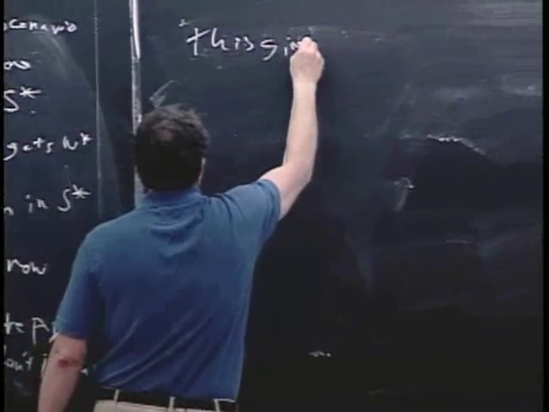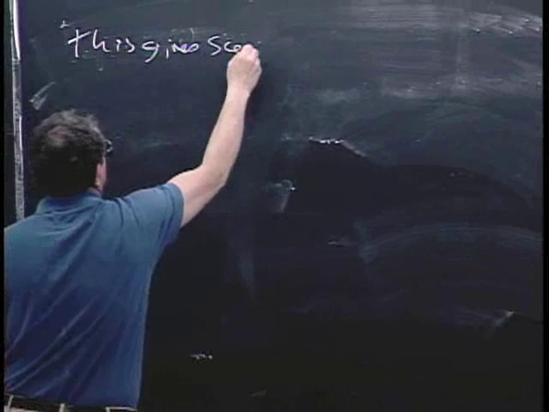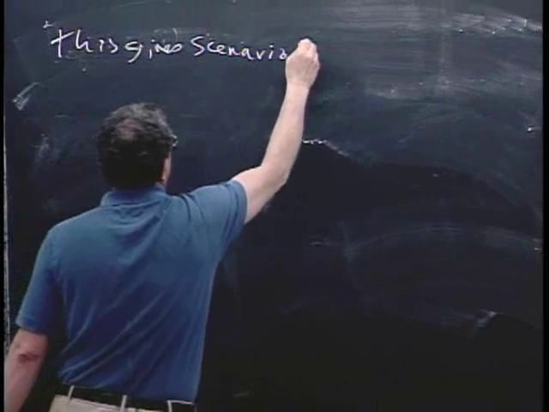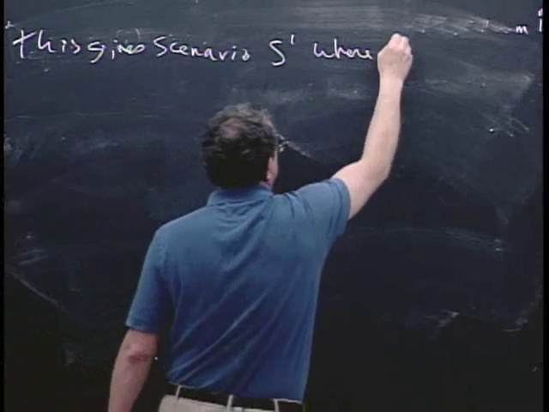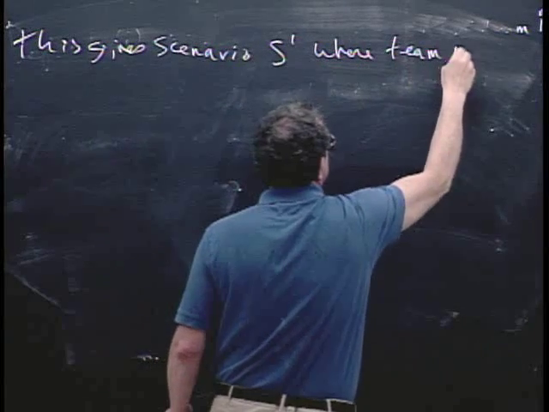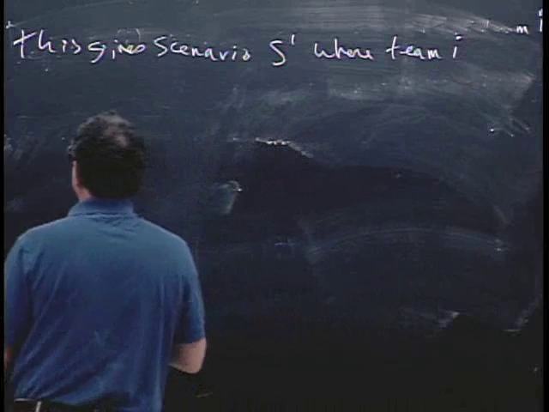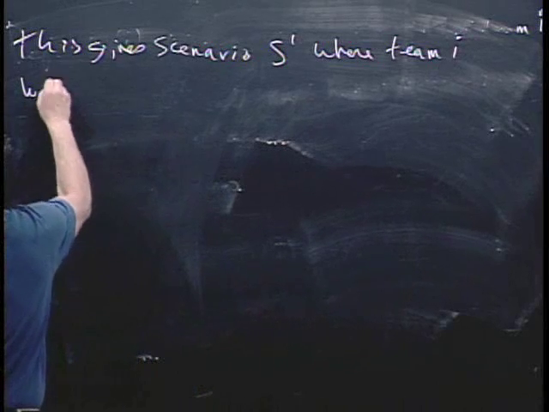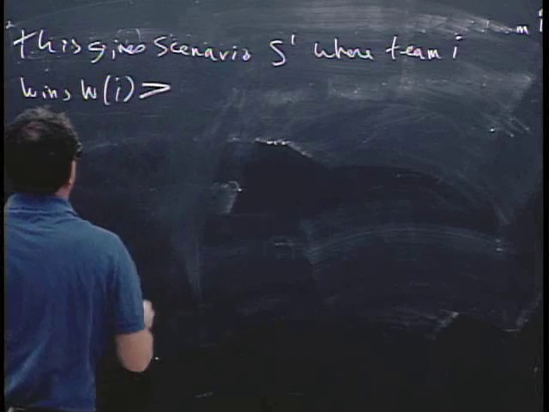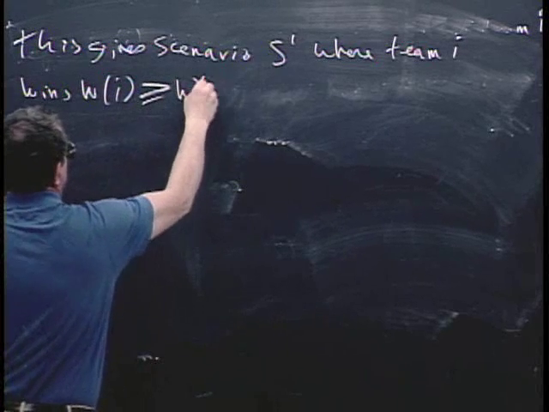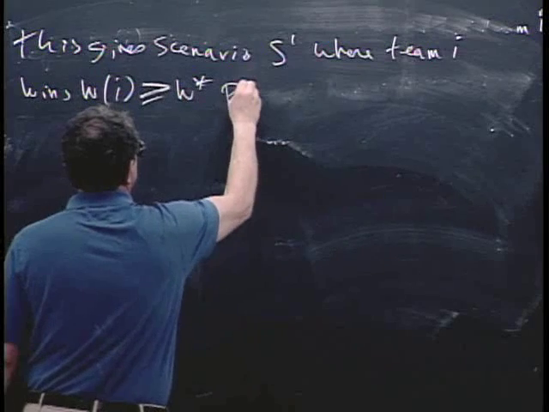This gives a scenario, call it S prime, where Team I wins WI greater than or equal to W star points.